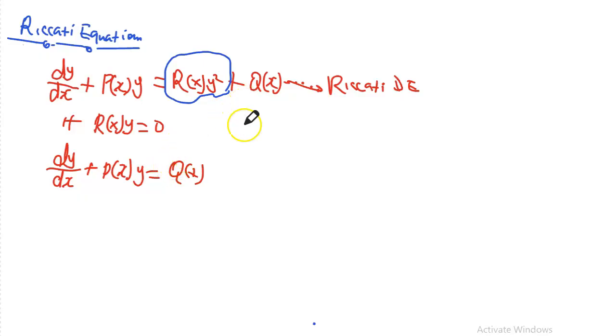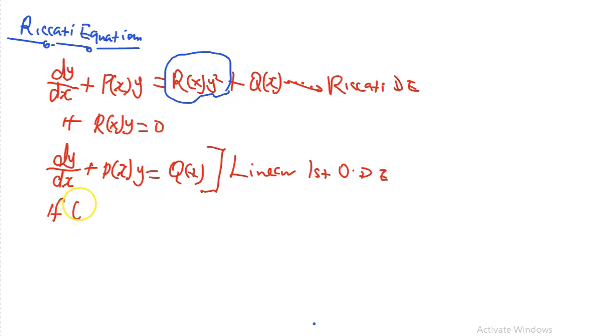This simply means that we are able to reduce this to linear, and this is a linear first order ODE.